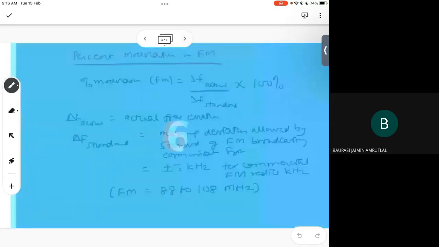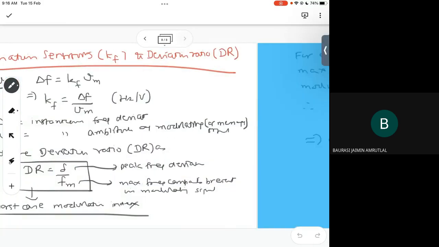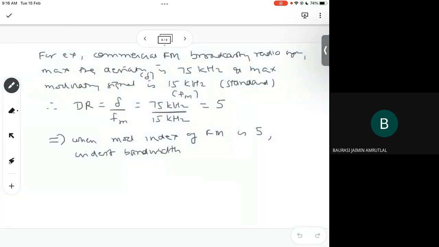I don't want to exceed so much bandwidth that it overlaps other signals. So this is the deviation ratio, and it clearly indicates the maximum modulation bandwidth.